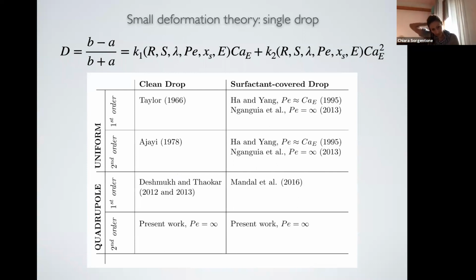What we did with Petya is that we first extended this theory to second order for the quadrupole field, both in the clean case and in the surfactant-covered case. And this is for the single drop.